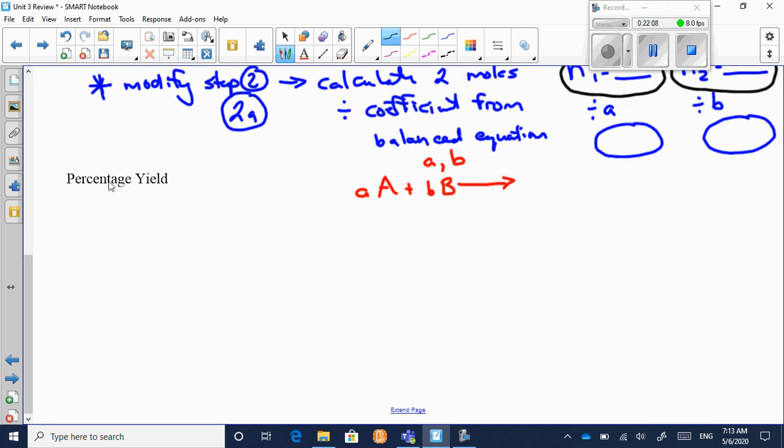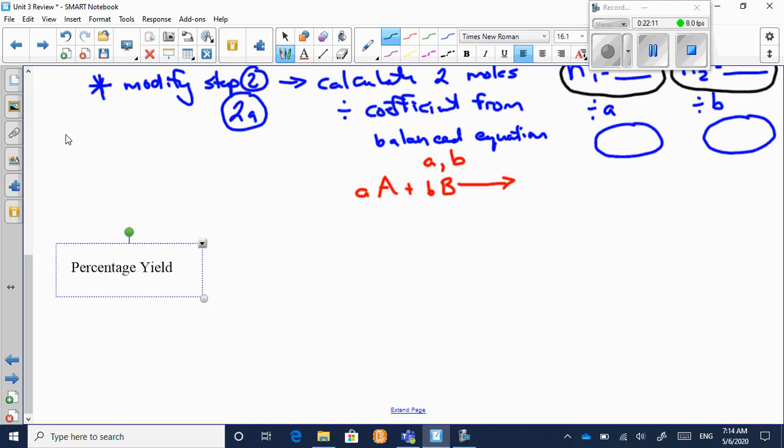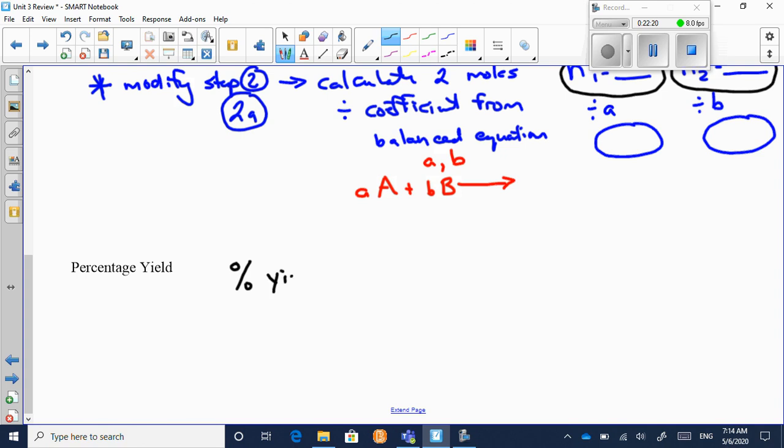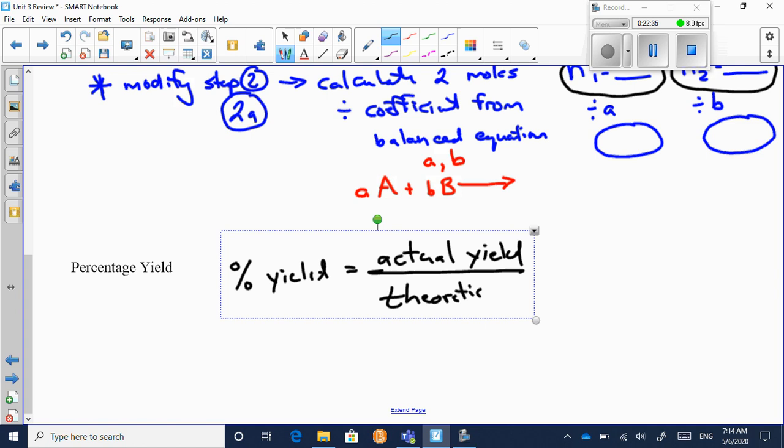Okay. Finally then, the thing we finished off with was percent yield, and the formula for percent yield is equal to the actual yield, so what you actually got from the chemical reaction, divided by the theoretical yield, and theoretical is what stoichiometry predicts, times 100.